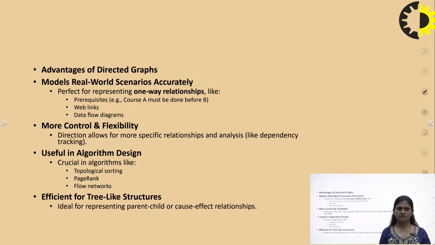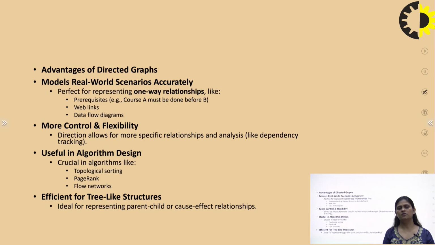Advantages of directed graphs. First, they model real-world scenarios accurately. Next, they are perfect for representing one-way relationships like prerequisites, meaning course A must be done before course B, web links, and data flow diagrams. Next, more control and flexibility: directions allow more specific relationships and analytics like dependency tracking.